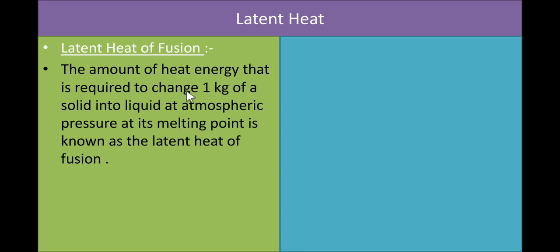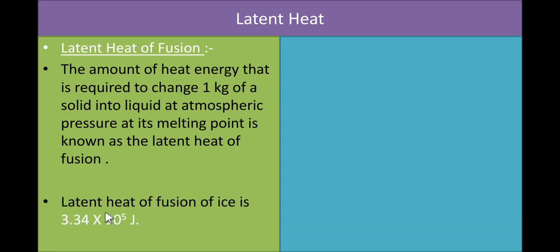First of all, the solid has to attain its melting point. Beyond that point, the heat energy supplied to the solid is used to change the solid into liquid, and temperature does not rise. This heat is called latent heat of fusion.